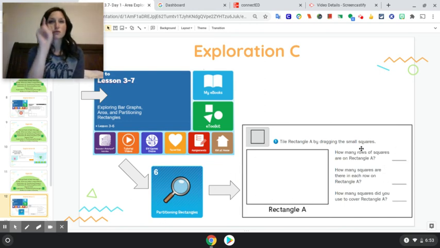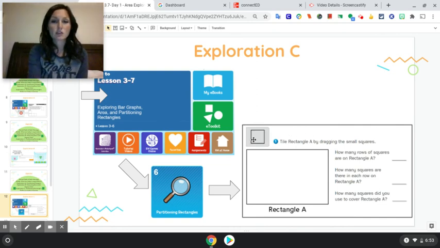And this time, instead of drawing all those lines, you're going to actually just move these squares into this rectangle and see how many rows you could make, how many squares were in each row, and then how many squares you used to cover the whole thing. So you're going to be working that out in this slide on your Everyday Math website.